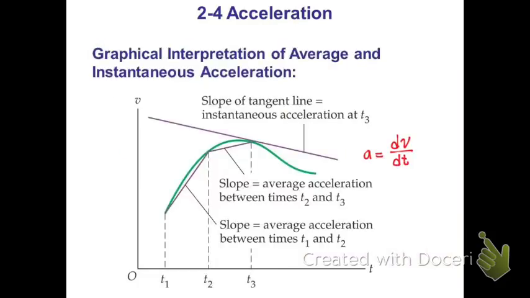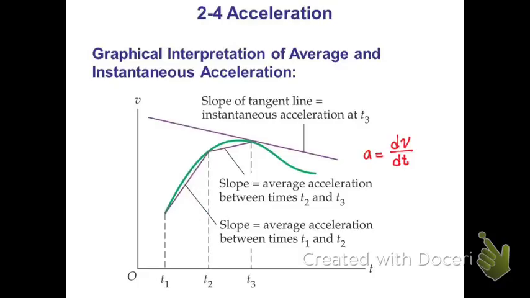Before we define the instantaneous acceleration, let's define the velocity versus time graphs. Just like position versus time graphs, the velocity versus time graphs are smooth curves, and every point on this smooth curve is uniquely defined by the instantaneous velocity of the object at a certain time.